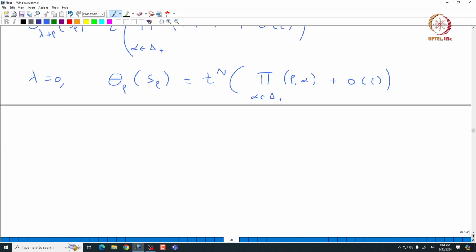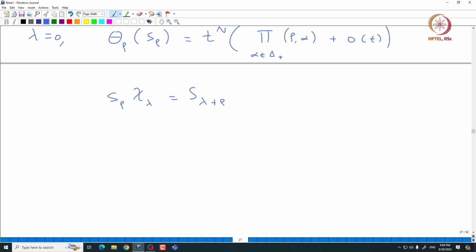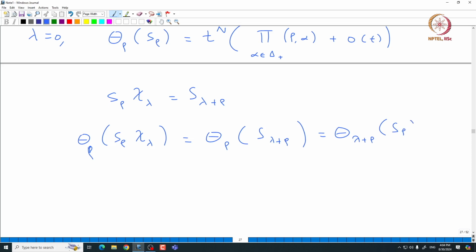Now, you can see that S_ρ χ_λ is nothing but S_{λ+ρ}. If you apply θ_ρ on both sides, you can see that θ_ρ of S_ρ times χ_λ is equal to θ_ρ of S_{λ+ρ}, which is exactly θ_{λ+ρ} of S_ρ.